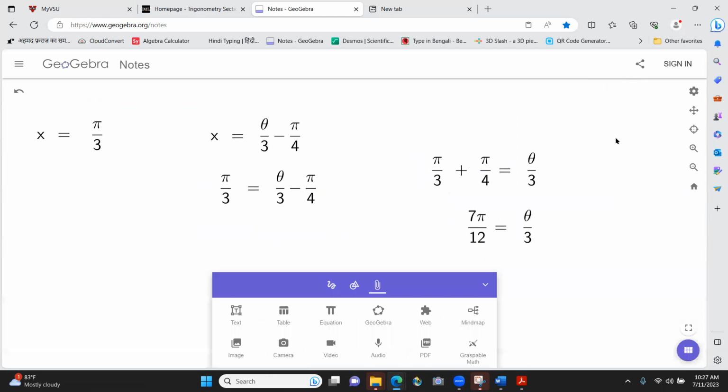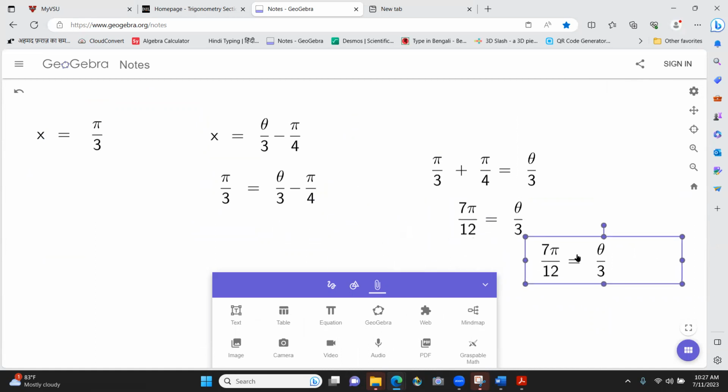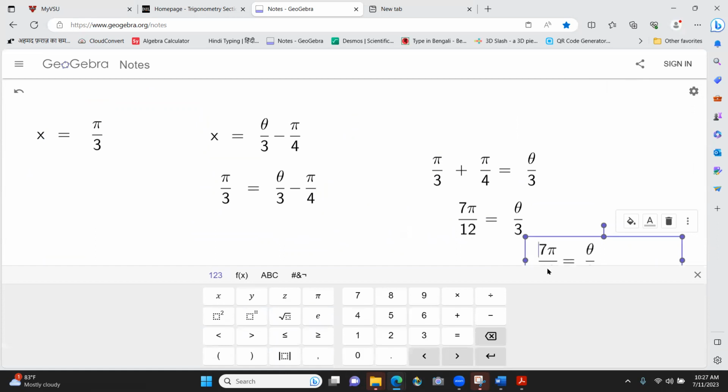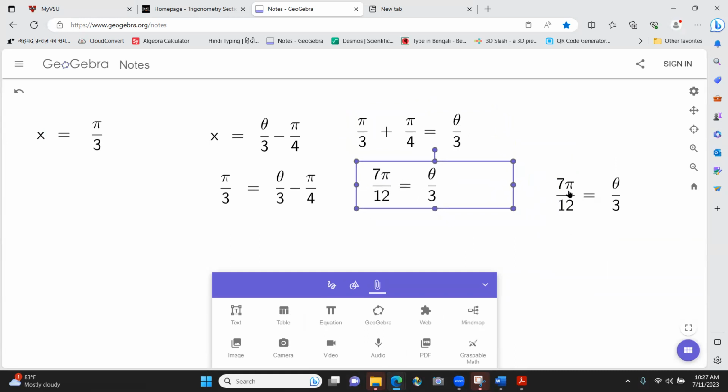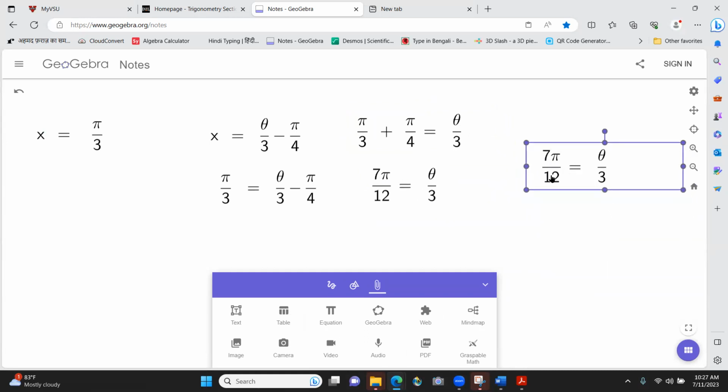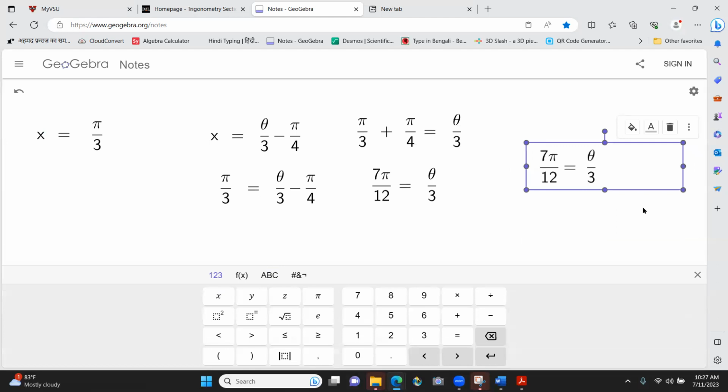Let me double check again. 1/3, 4 plus 3 is 7. That sounds about right. You're isolating theta, so you're going to multiply both by 3. If you multiply both sides by 3, you're going to have, let's do it here, 3 will divide into 4 and 12 and give you 4. And this is going to be your theta.